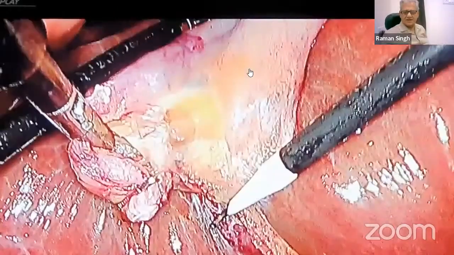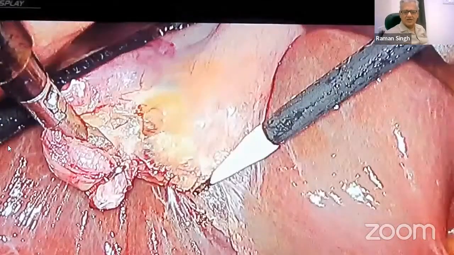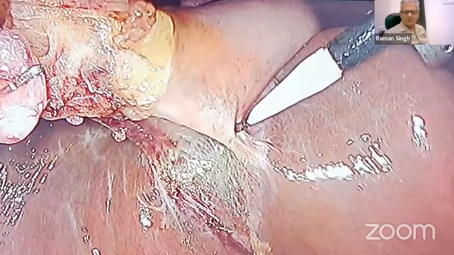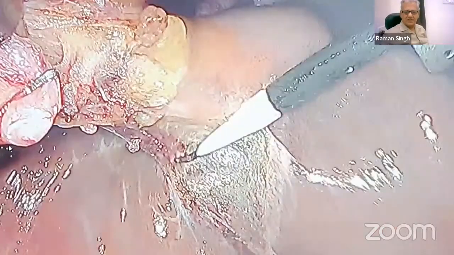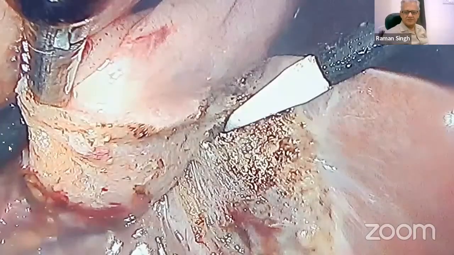This was an artery. Sometimes there is an artery just behind the cystic duct. So be careful and cauterize that artery also before cutting it. Otherwise, there will be bleeding over there and it will hamper the vision.